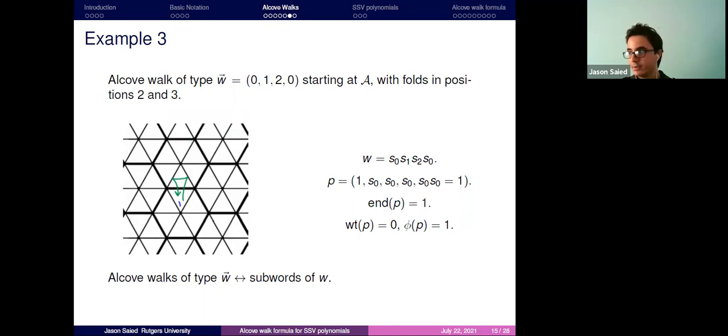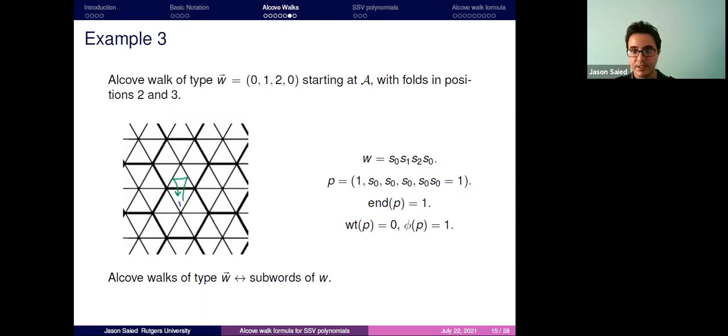But what is true, if you think about the way we got these alcove walks, is that they correspond to what I'll call subwords of W. So what I mean here more rigorously is we can fix a reduced expression for W, and then consider all the words that we get by omitting some elements of that reduced expression. So here we omit the S1 and the S2.